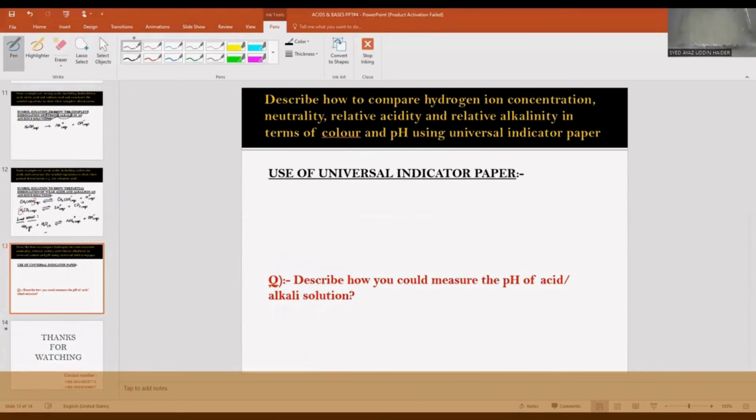Use of universal indicator paper. Now it's a full range indicator.